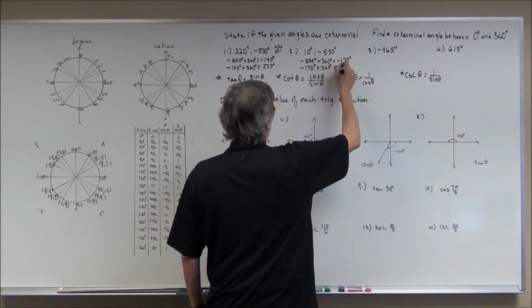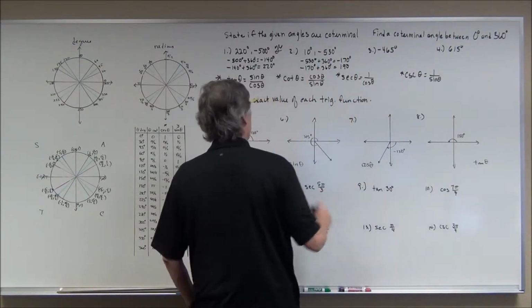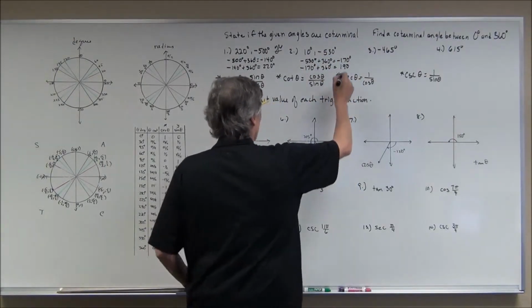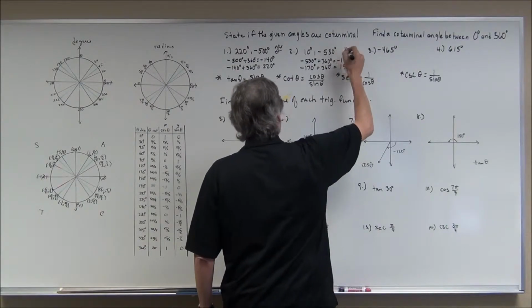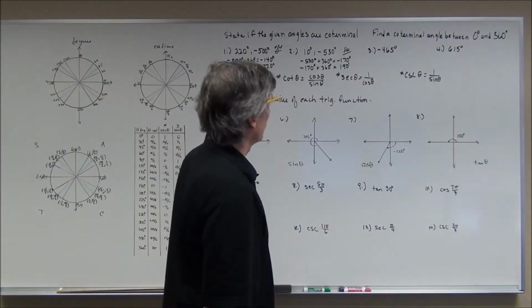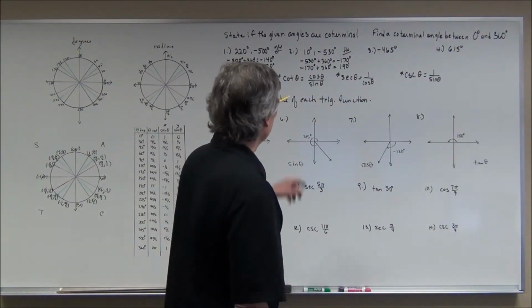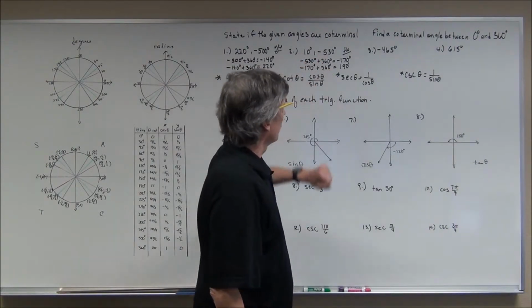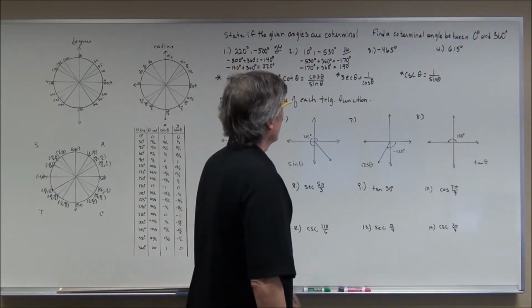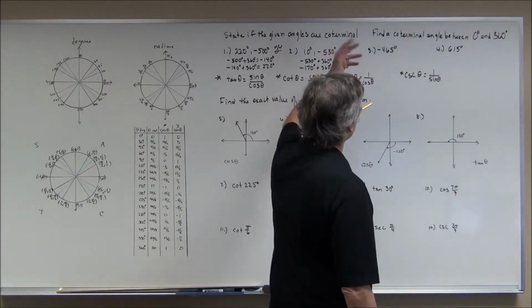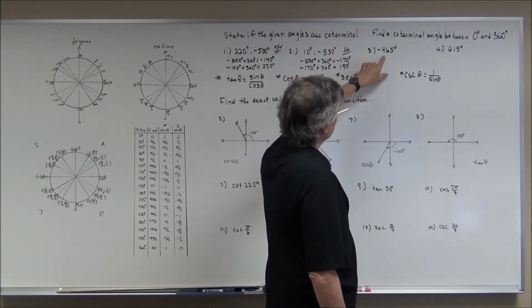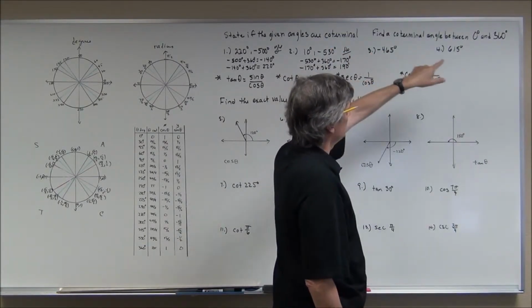I'm up to 190, and I go past that by 180. So no, I didn't get them to match. They're not coterminal. This is in the first quadrant, this would be in the third quadrant. Although 10 would be its reference angle. Kind of weird.